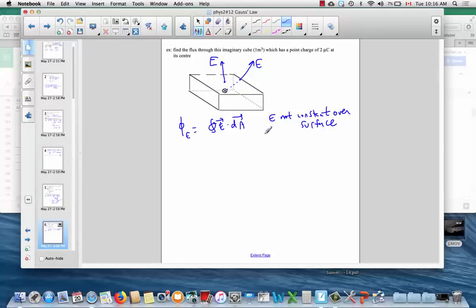And the angle between the electric field vector and our outwards pointing surface vector changes, it varies over the surface.